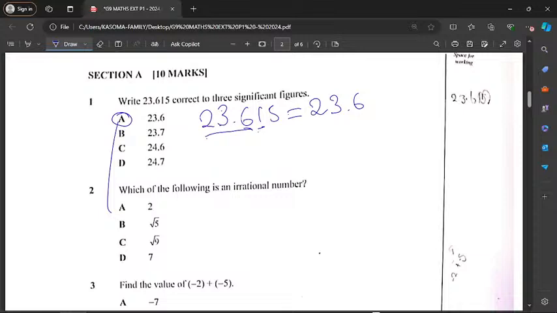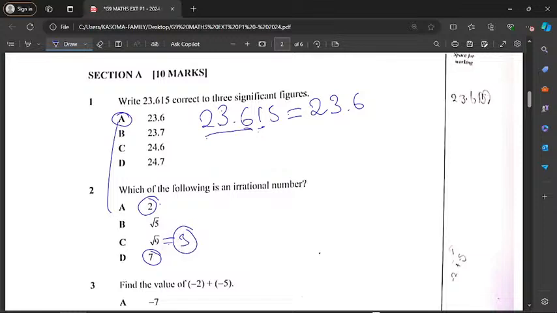Now we come to question 2, which is: which of the following is an irrational number? An irrational number is a number that cannot be expressed as a fraction, or it has infinite decimal places. 2 is a whole number, so it's a rational number. 7 is a whole number, it's rational, as well as the square root of 9, which is 3.